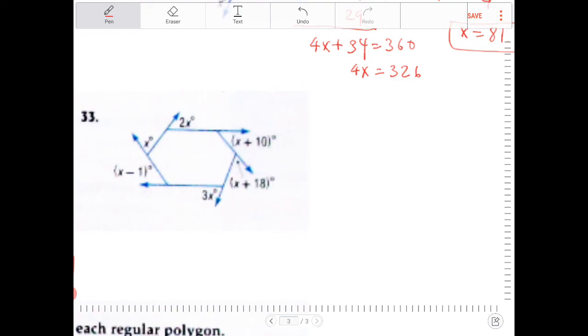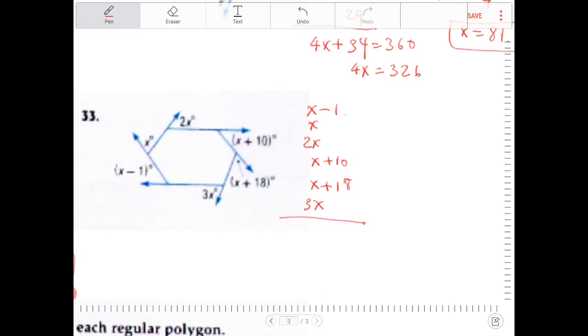And over here, I take x minus 1, x, 2x, x plus 10, x plus 18, 3x and add them all up. So I get 28 minus 1 is 27.